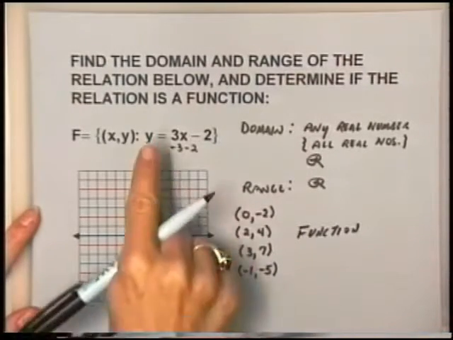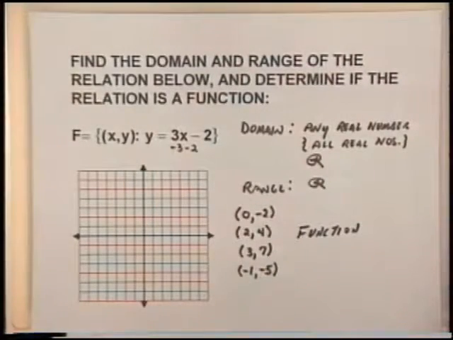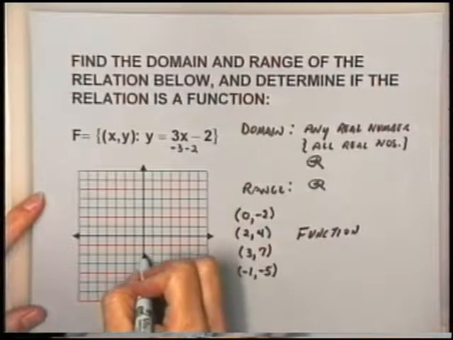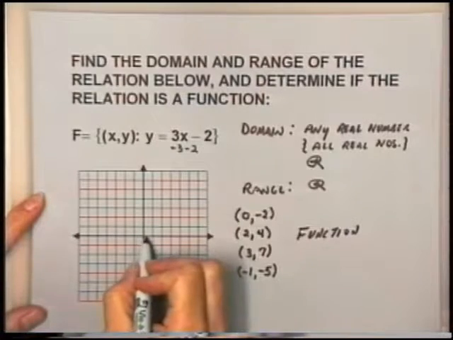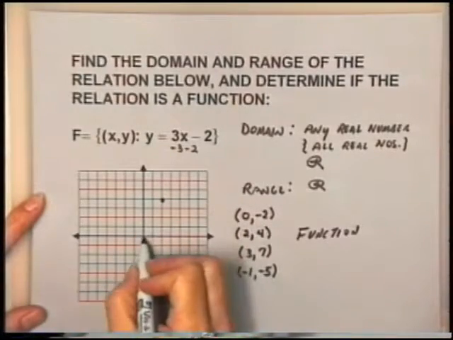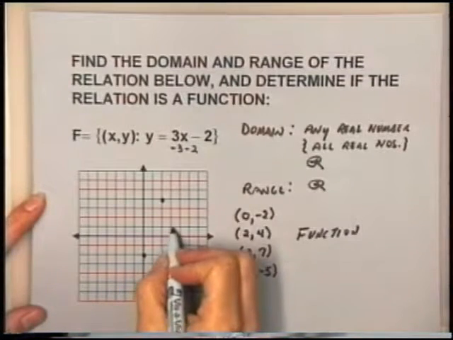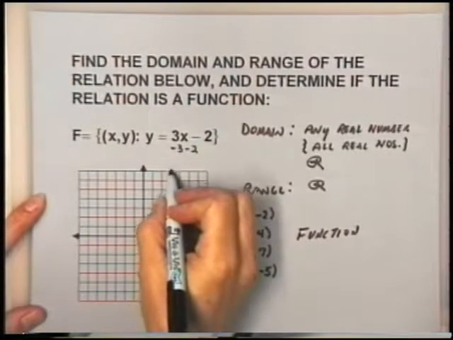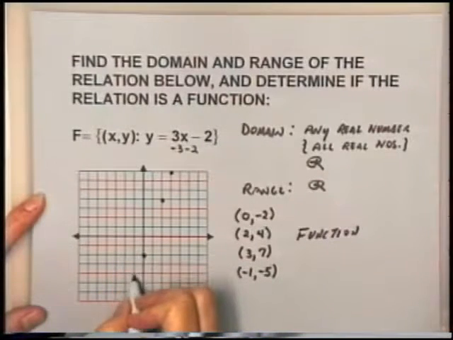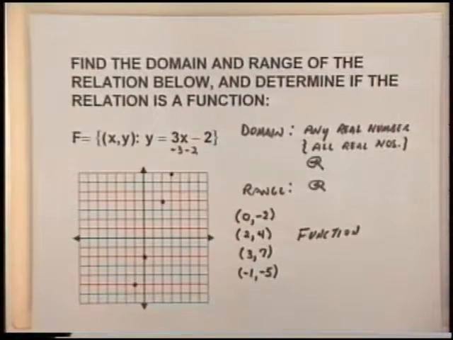Now, since I have some ordered pair solutions to this equation, let's graph those. I have 0, negative 2, positive 2, positive 4, positive 3, 1, 2, 3, 4, 5, 6, 7, and negative 1, negative 5.